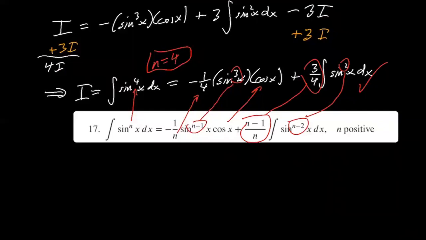But if we wanted to try it for n equals 2 and just use this reduction formula, this would tell us that the integral of sine squared x dx is -1/2 sine x times cosine x, since n-1 is 1.